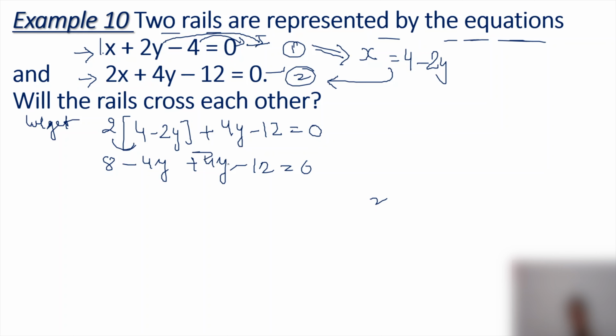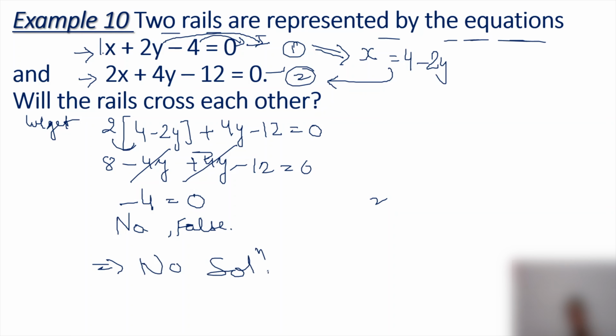Now it cancels and we are left with minus 4 is equal to 0. Is it true? No, it is false. We got a false statement. Therefore, it has no solution. No solution means no intersecting points.